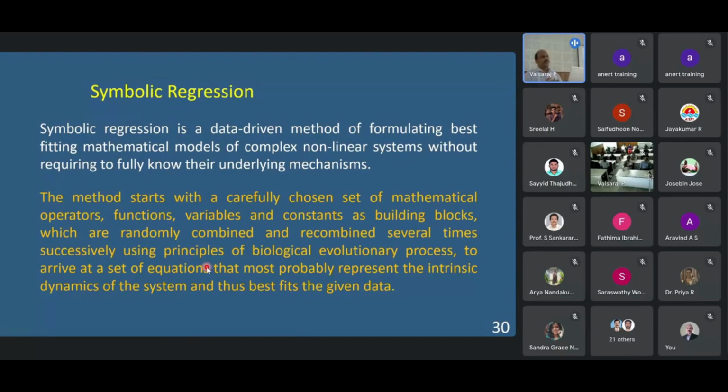Each time, a fitness function built into the algorithm will detect the best fitting solution and retain it for further reproduction and mutation. The less fitting ones will be abandoned then and there. This process continues until the best suiting model structure as well as parameters and coefficients are obtained. That's the principle.